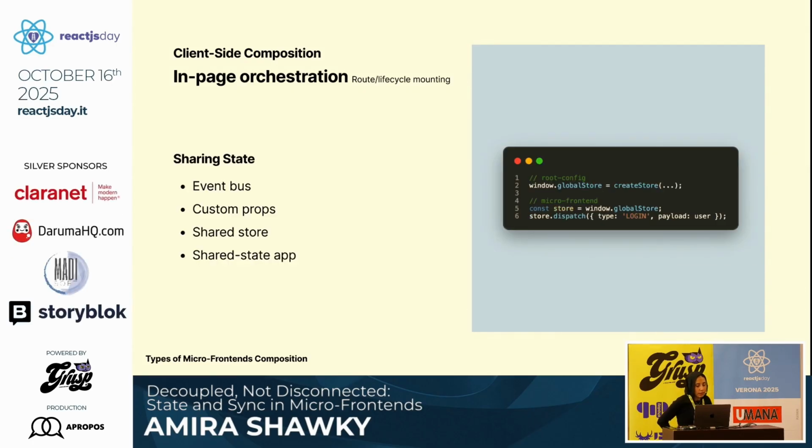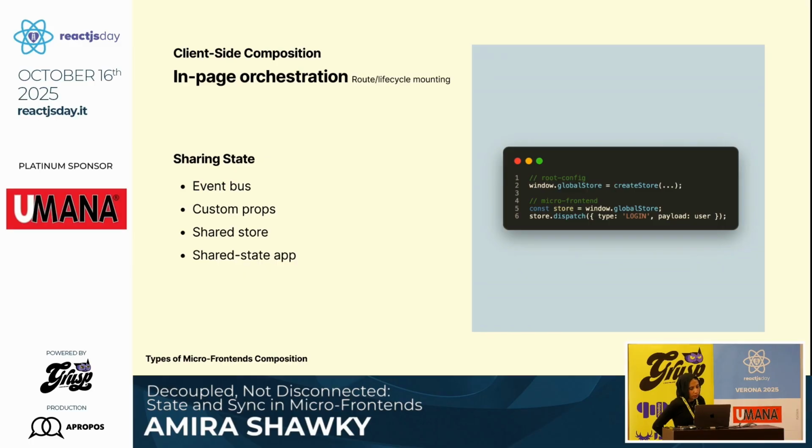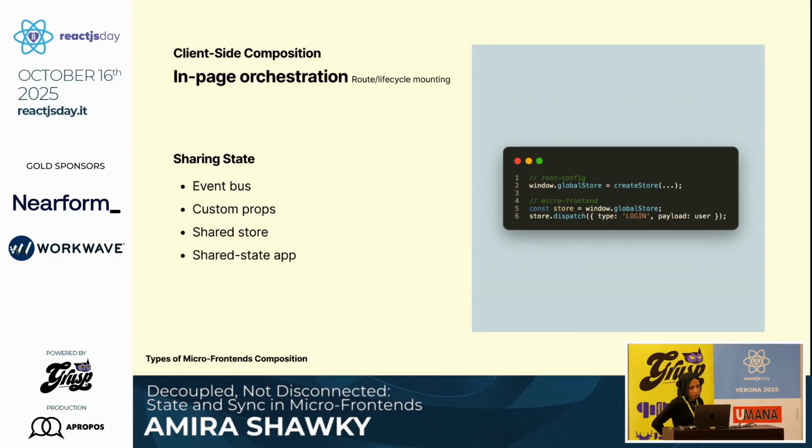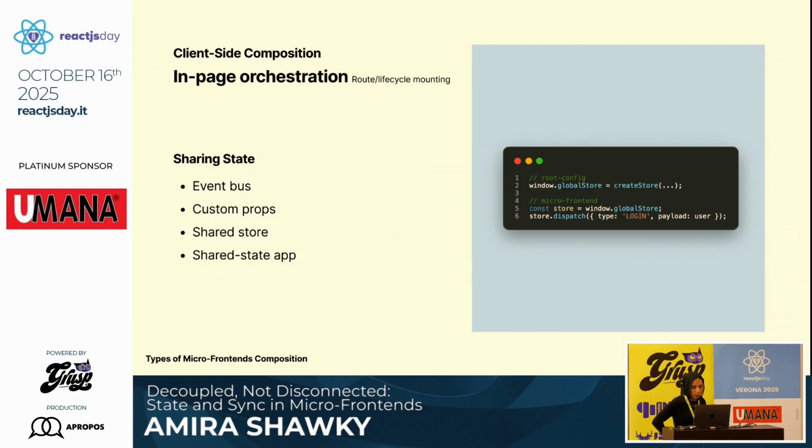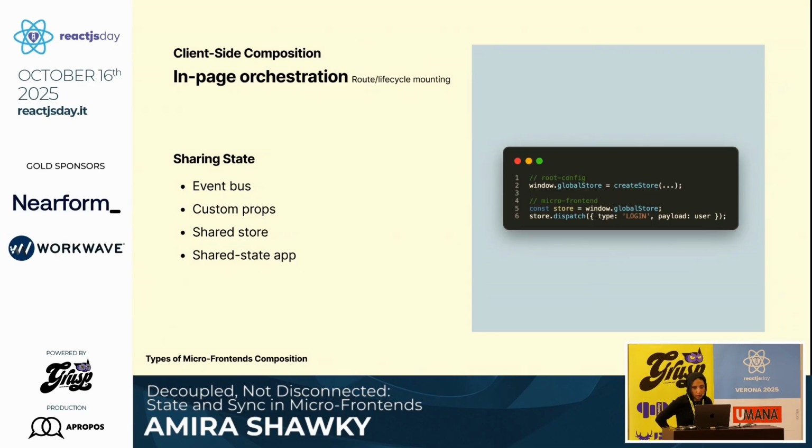State here can be shared in a few ways: a lightweight event bus, like the pub-sub pattern; custom props that the root passes into each application; a shared store, like Redux or Zustand, that can be exposed on the window or via a shared remote module like Module Federation; and a dedicated shared-state application using helper packages like single-spa-shared.